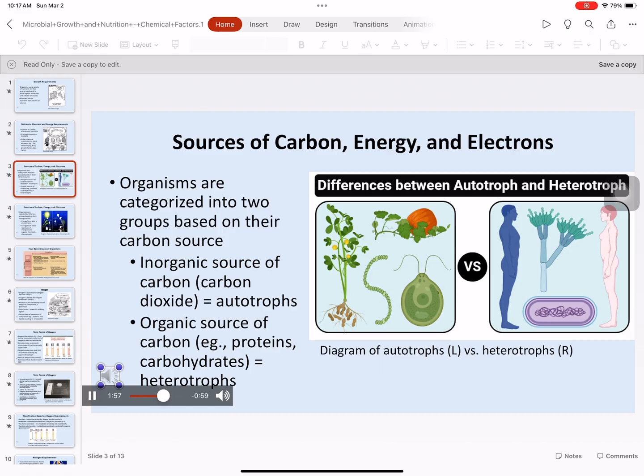We are therefore referred to as heterotrophs. Hetero, other, and troph, feeding. So we would be seen on the right side of our figure, along with organisms such as fungi and certain bacteria.